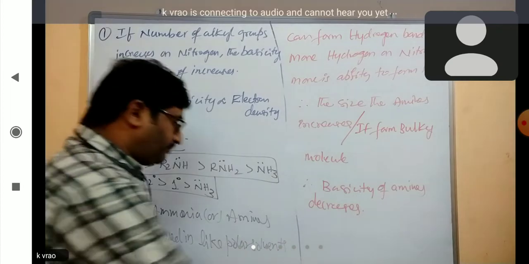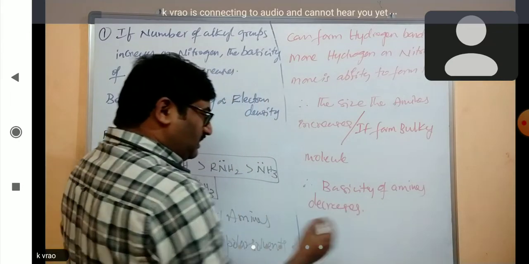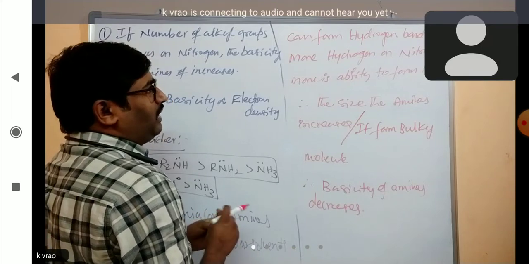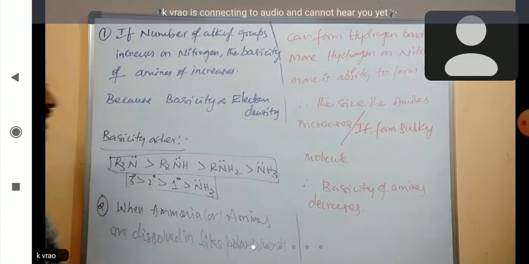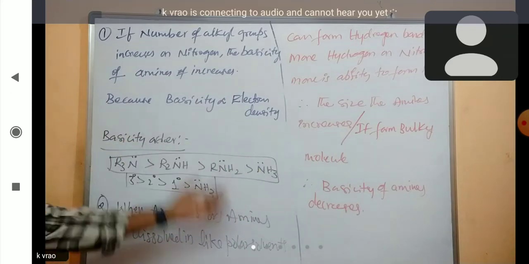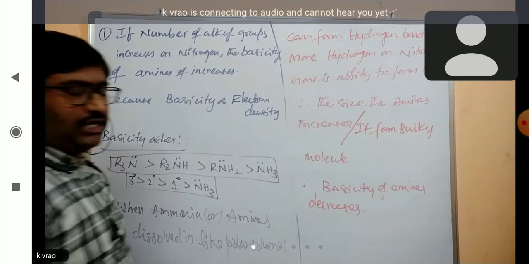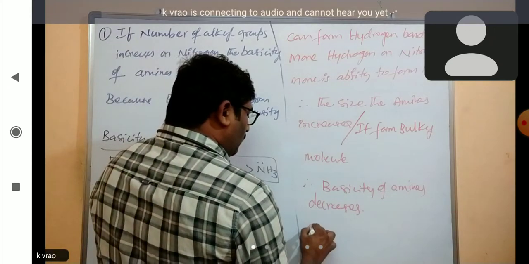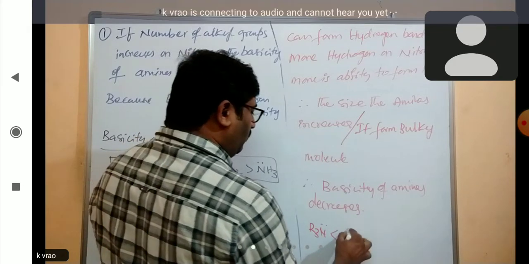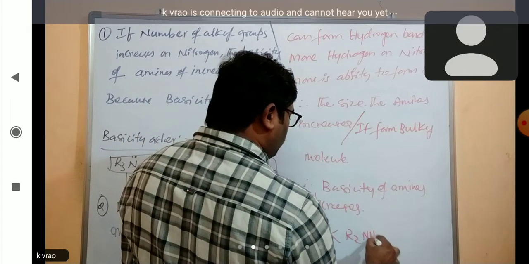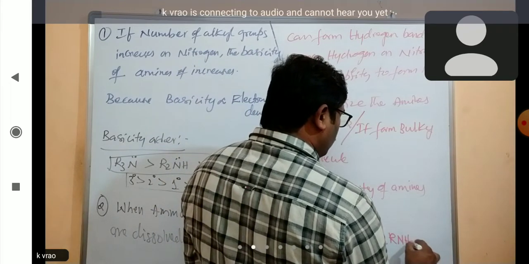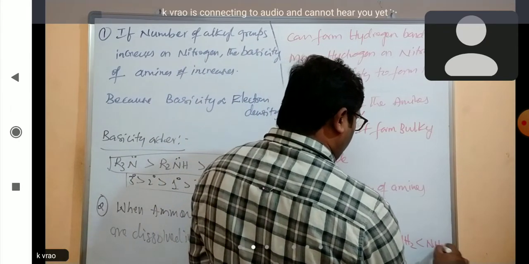Okay. Now, what is the basicity order? The number of hydrogens present on the nitrogen is more, so it can form the bulky molecule. So the basicity order is R3N is smaller than R2NH is smaller than RNH2 is smaller than NH3.